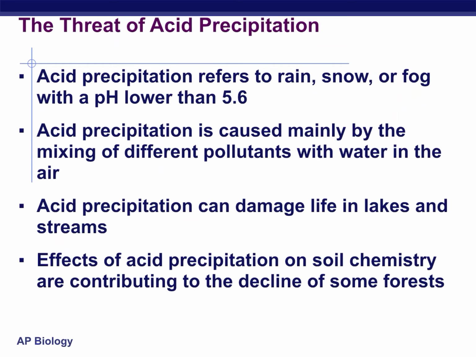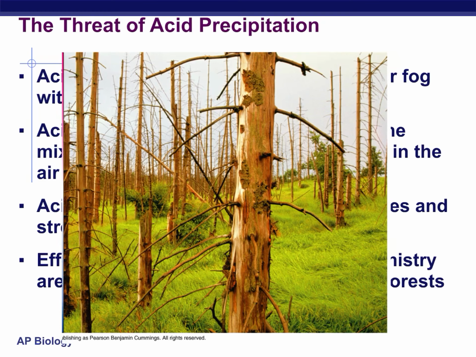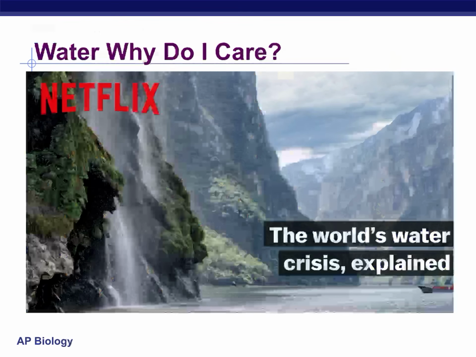And so, if acid rain falls, it's going to mess with the pH in different bodies of water. It can mess with the pH of soils. And that's going to end up causing damage to the plants and animals that live in those places and can make them almost uninhabitable. And so just kind of something I want you to take away.